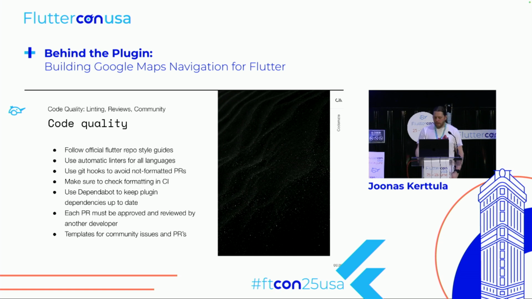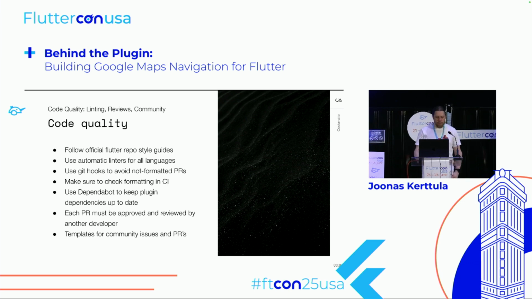And these are common sense, but each PR must be approved and reviewed by another developer. And also one important thing about the quality with issues and community PRs is that we have created templates in the GitHub, which means that you can create different templates for different scenarios. For example, bug template would be different than issue template.